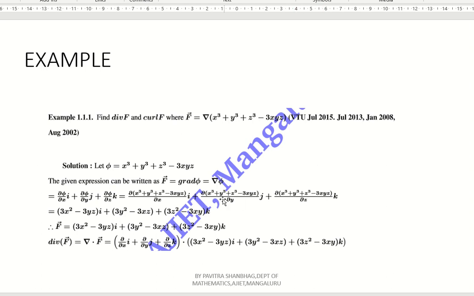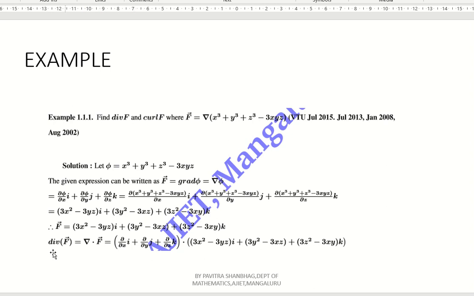So what we will get here? 3z square minus 3xy into k. So here we are getting the vector quantity, right? Now 3x square minus 3yz i plus 3y square minus 3xz j plus 3z square minus 3xy k. This is the vector quantity. Now for this vector we need to find divergence and curl.